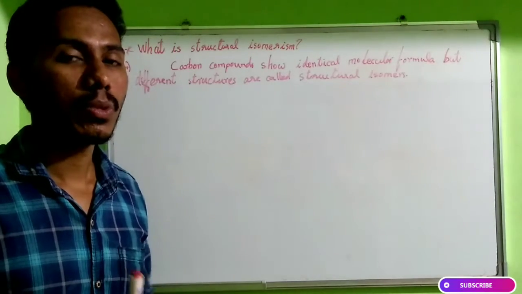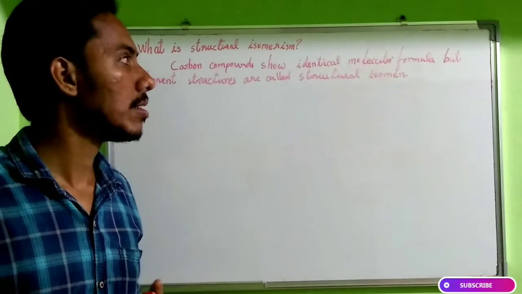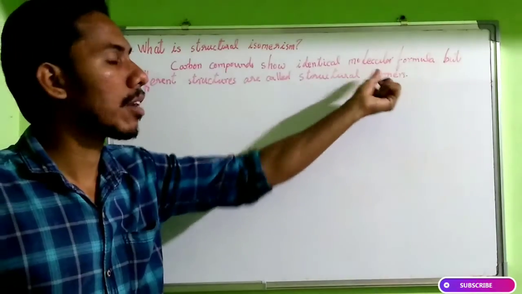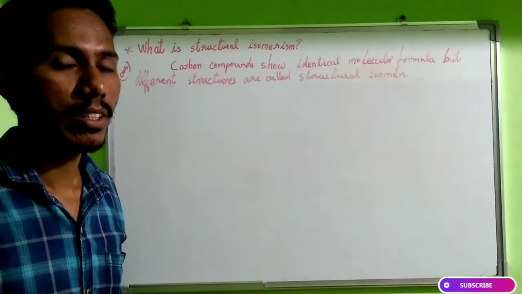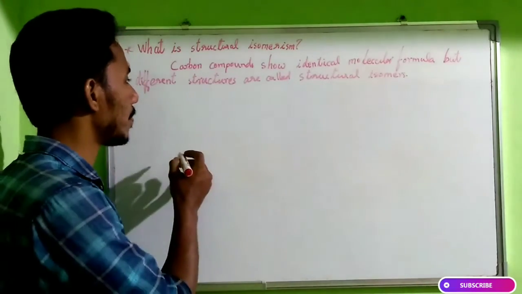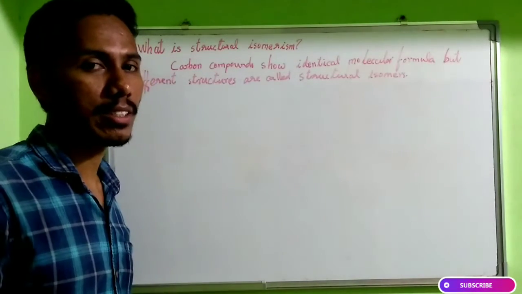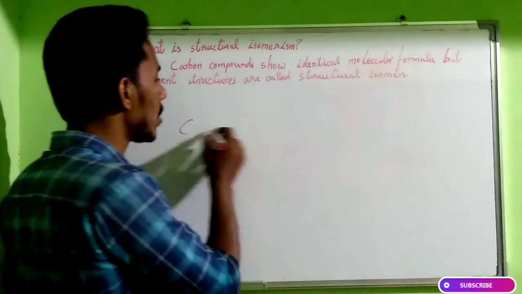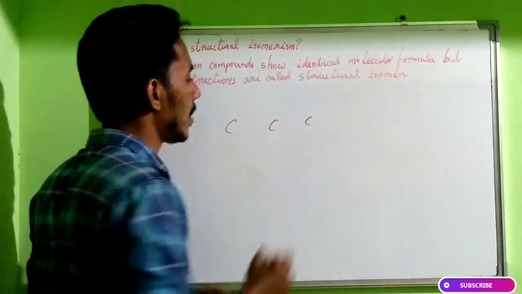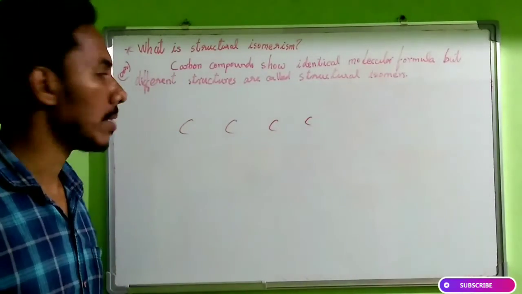We studied how to represent a structure with its molecular formula or chemical formula. Let us take an example. Butane. What is the structure of butane? How many carbon atoms? 4 carbon atoms are there in butane.